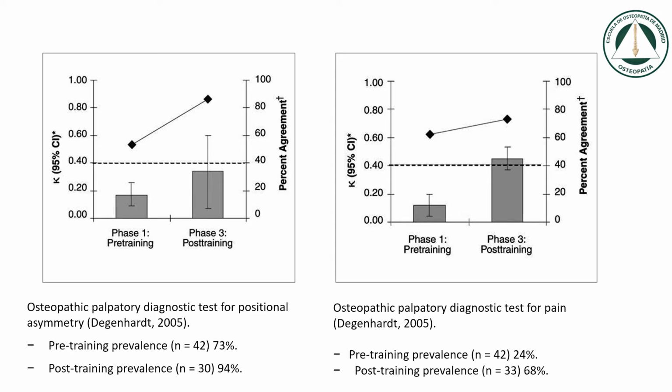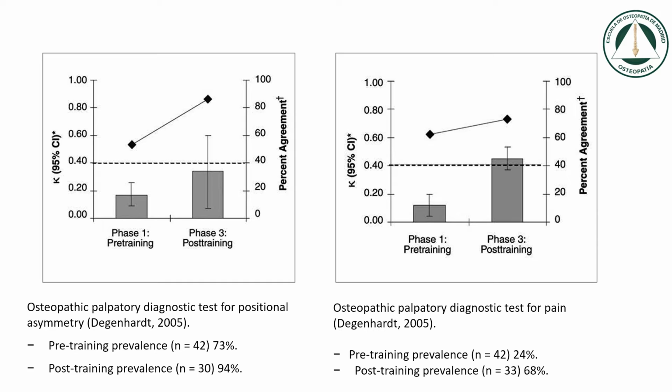In Degenhardt's study, after consensus training, reliability improved by increasing at the moderate range for changes in tissue texture, kappa equals 0.45, to the substantial range for pain assessments, kappa equals 0.68. The reliability of positional asymmetry improved, kappa equals 0.34.